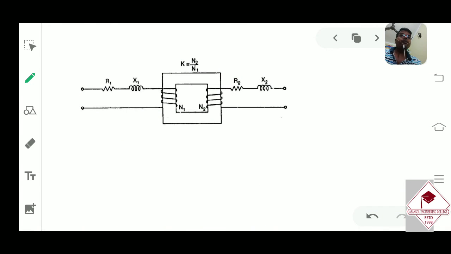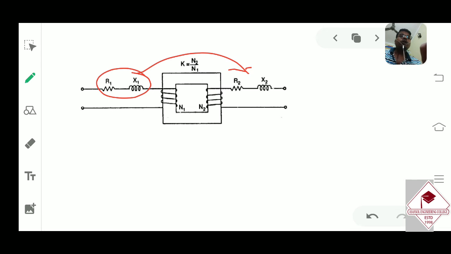Now we will proceed to find the equivalent circuit of a single phase transformer. To find that equivalent circuit we need to learn a very important concept: to transfer these parameters from one side to another side.